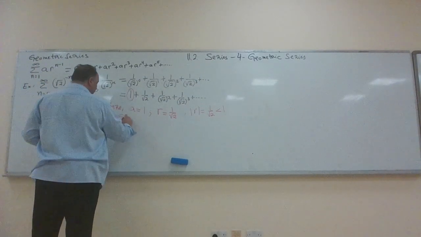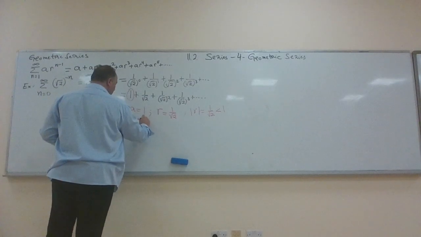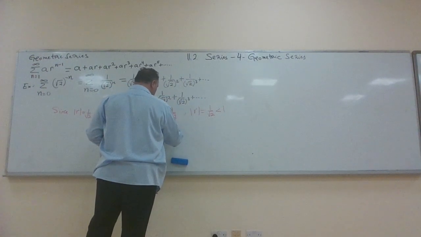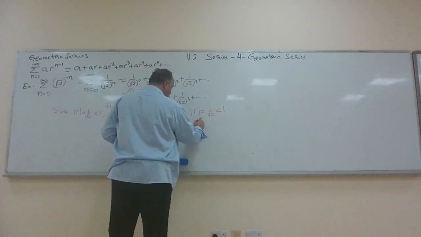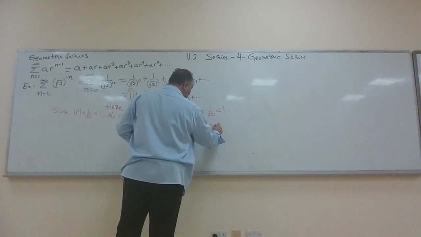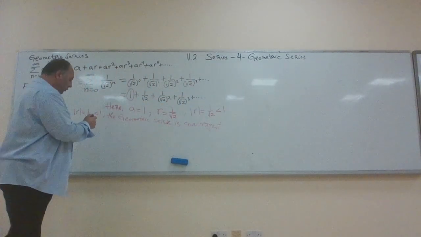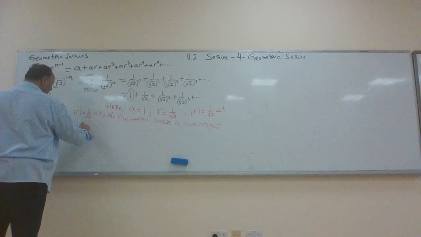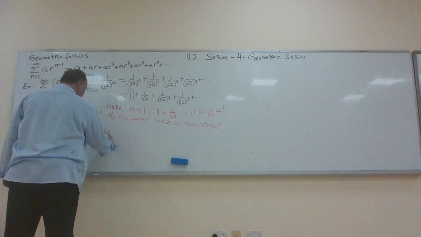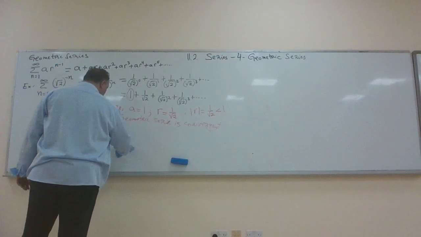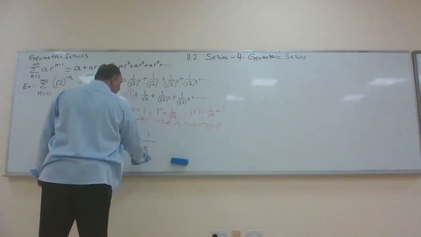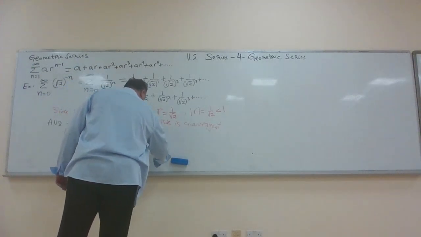So this geometric series is convergent. Since it is convergent and is geometric, we are able to find the sum. And the sum is, so what's the sum? A divided by 1 minus R. So A was 1, R was 1 over radical 2.